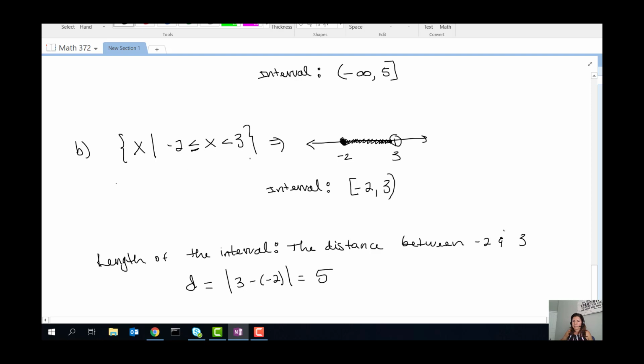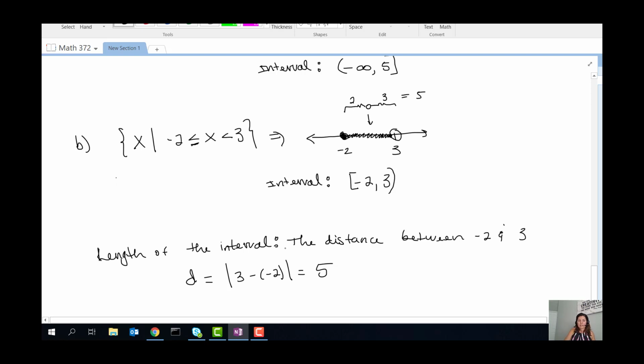And you can see here that that is true because you're going to have 0 somewhere in here. To the left of 0 you're going to go 2, and to the right of 0 you're going to go 3. So 2 plus 3 is 5. So the distance is 5.